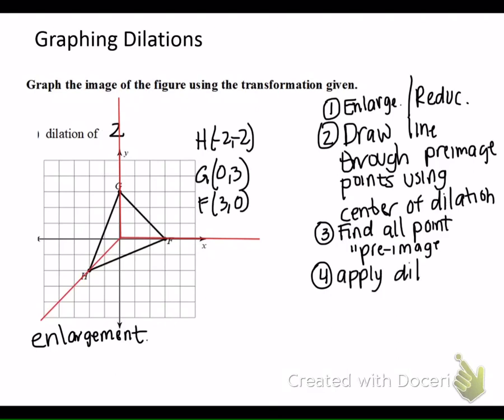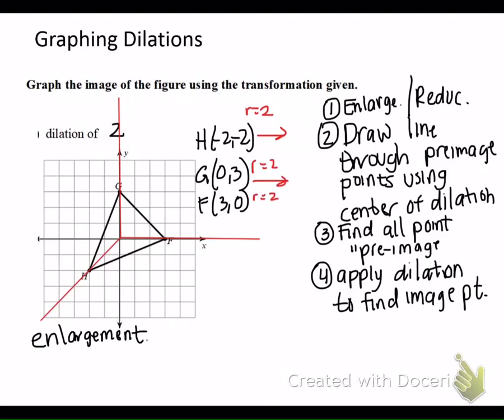The fourth step is apply dilation to find image points. What's going to be my image points of my dilation if I'm using 2? We're going to multiply by our R equal to 2. R is equal to 2.